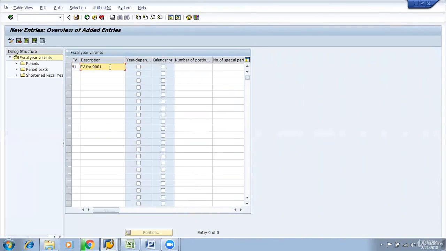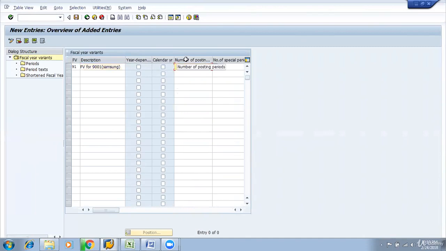As it says description, it is freely enterable text. So you can put anything you wish to so that you can recognize what your fiscal year variant was. I can also put in here Samsung for better understanding. Clear here? Next. For now, I'm skipping the year dependent and calendar year columns. I'll come back to them later.